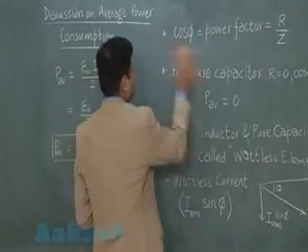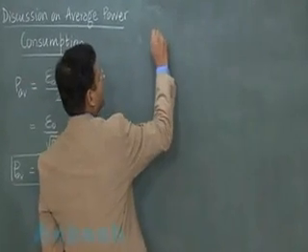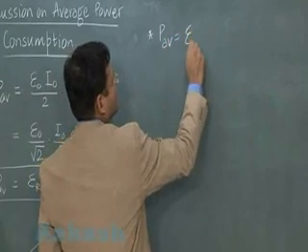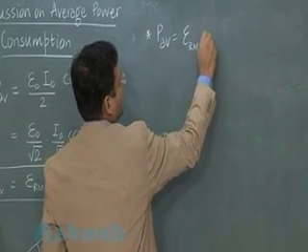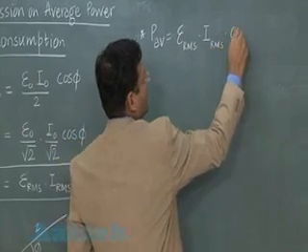In general, you have seen that the average power is equal to ERMS into IRMS into cos phi.